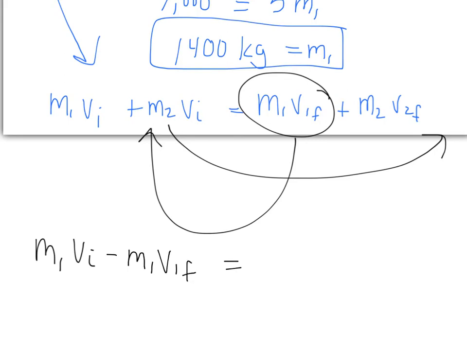Then on the right-hand side, I've still got M2 V2f. But I need to subtract M2 Vi over here. And if you haven't by now, please pick up on the fact that when you add or subtract something from side to side, you just change the sign. That's all you're really doing. See how this became negative here? This here became negative. Those are negatives because they were originally positives.